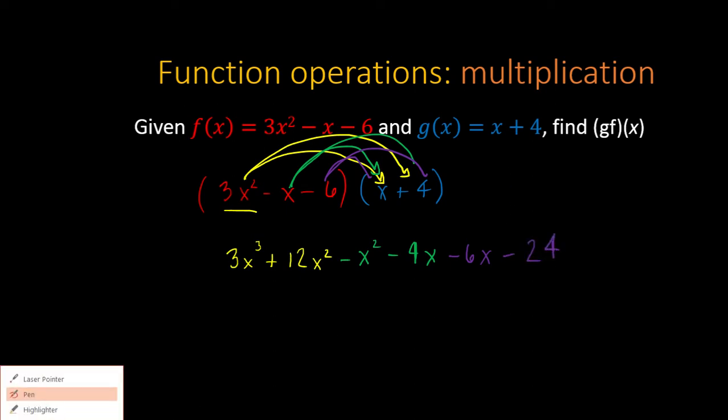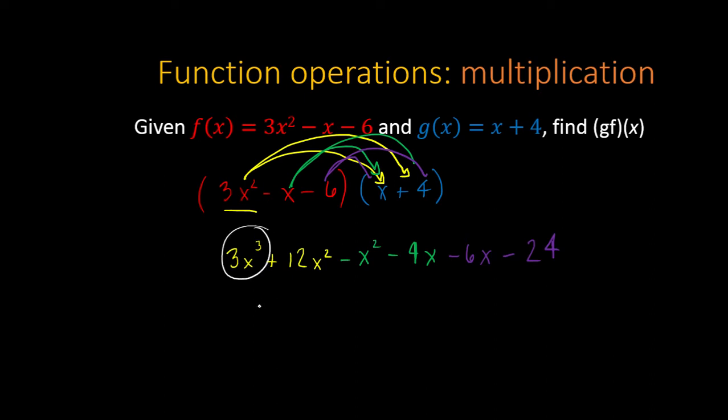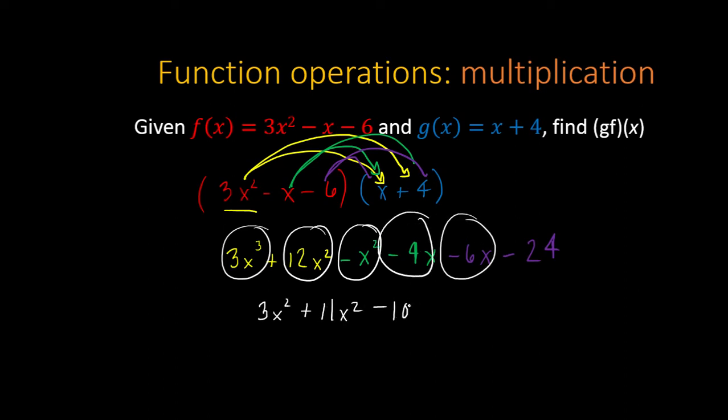Now I combine like terms. So I've got 3x cubed. 12x squared minus x squared is 11x squared. Negative 4 minus 6 is negative 10x, minus 24. So again, be careful to set up your problem correctly.